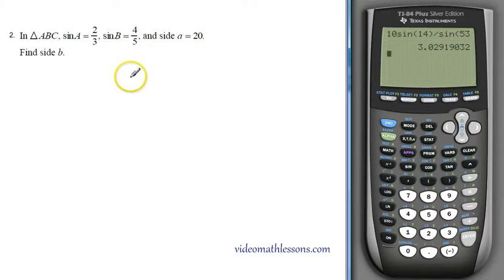All right, now this is where they give you the sines already figured out. This is the type of problem that screws people up. So now let's look. We've got sine A, sine B, side A. They want us to find B. So once again, we're using A's and B's.